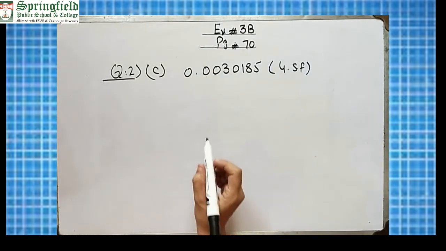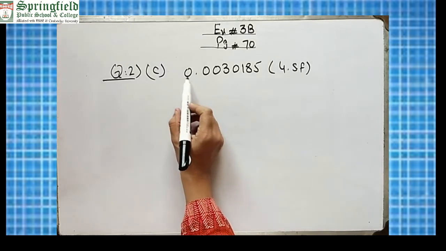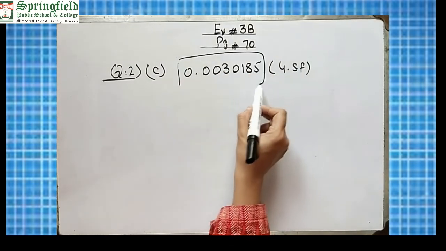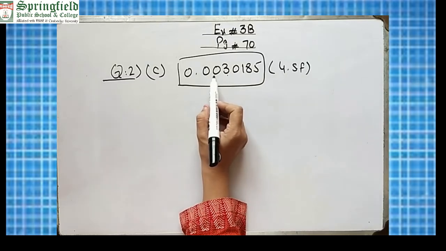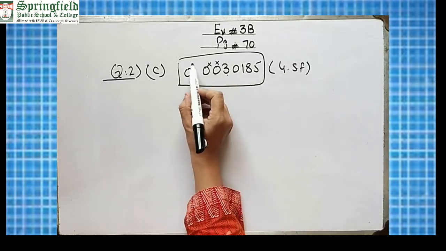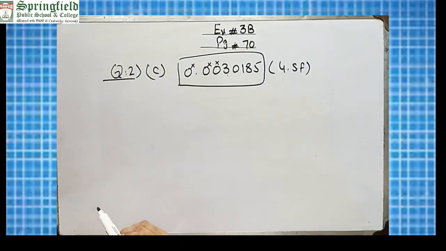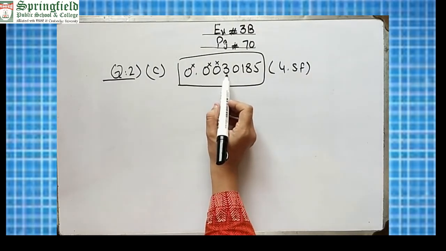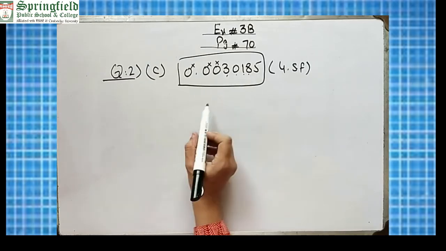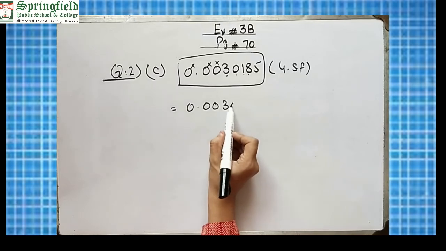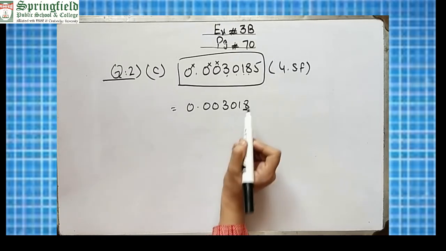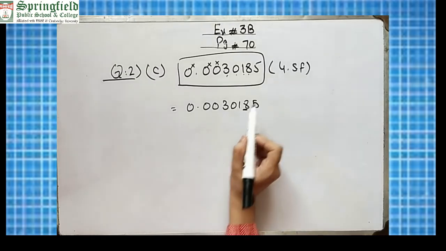So beta, according to the rule, in a decimal number the zeros before the non-zero digits are not significant. It means we will not count these 3 digits. So we will start counting from the 3. So 1, 2, 3 and 4: 0.003018. Underline this digit and then write it down.